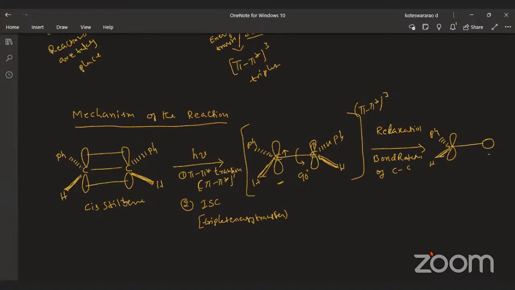This is not a circle, it will be a lobe, and the other lobe is hidden.